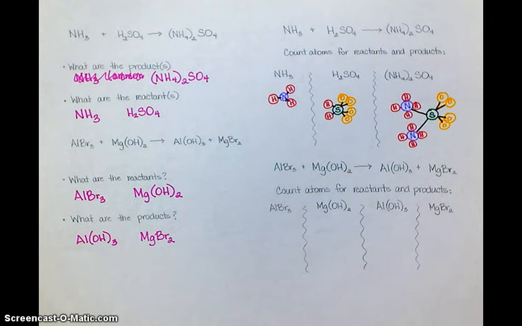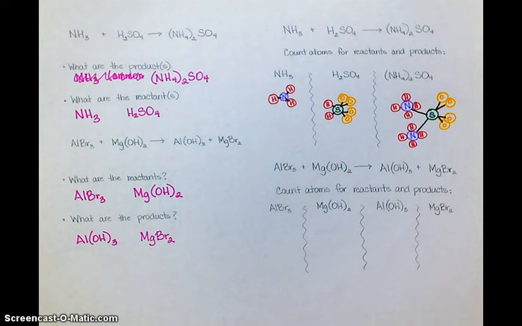Okay, if you notice, I have illustrated each of the compounds that are involved in this reaction. But right now, if you look carefully and you count, for instance, the nitrogens on each side, I have one nitrogen on the reactant side but two on the product side, so I'm going to have to fix that.